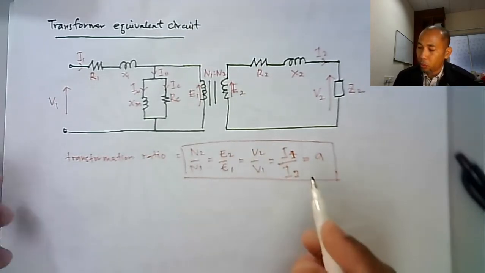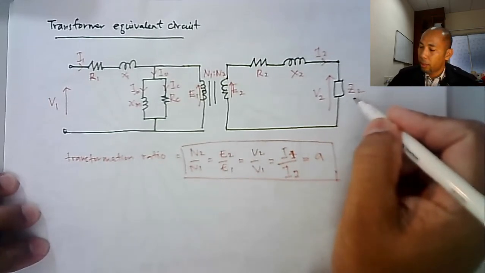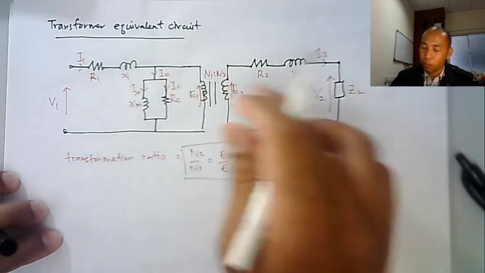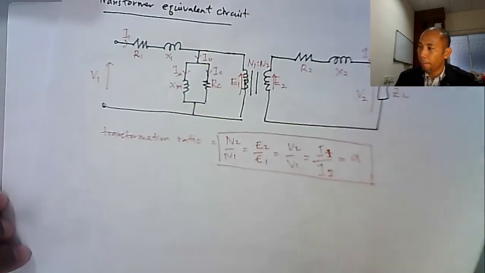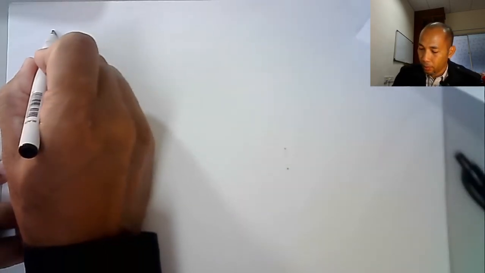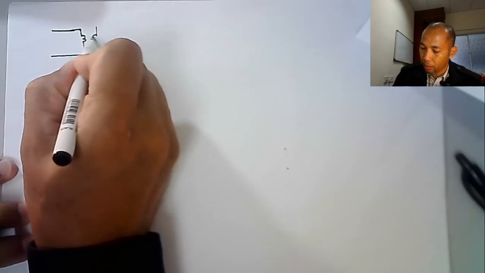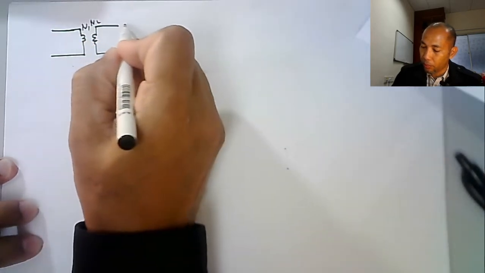First we have the load ZL here. We can bring the load from primary to secondary, or from secondary to primary. Okay, let's derive it. Let's say this is our transformer, N1, N2.